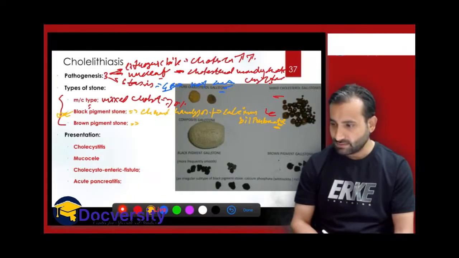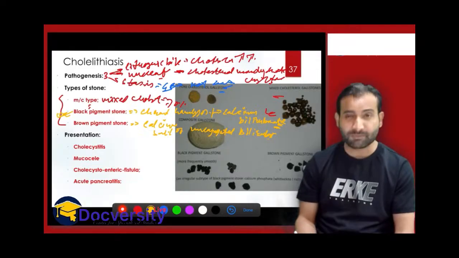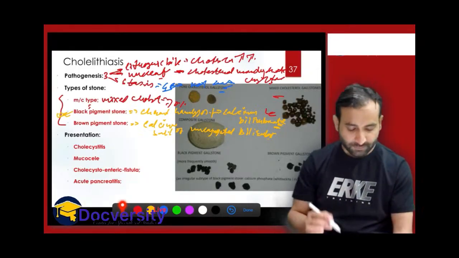It contains the calcium salt of unconjugated bilirubin. Those patients who have liver disease, right? So they are producing this one.